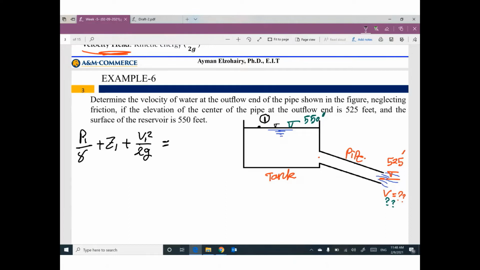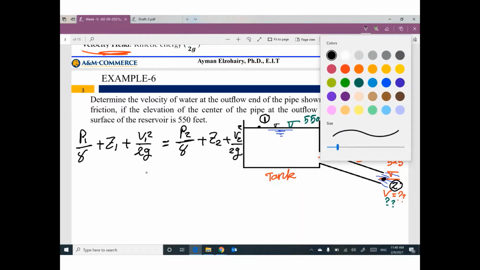equals, I'm going to assume at this outflow, location number 2. So P2 divided by gamma plus Z2 plus V2 squared divided by 2G. Does that make sense?